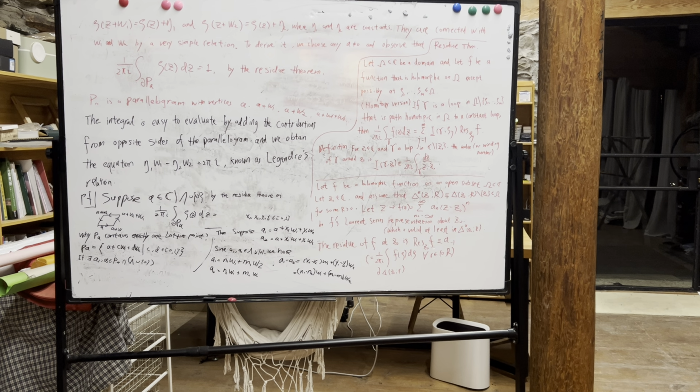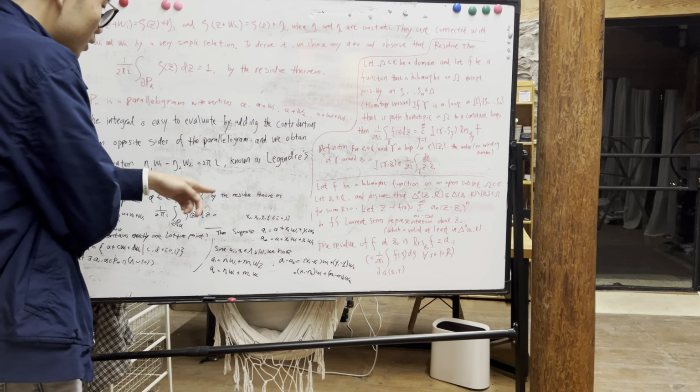Okay, so if you take the difference between these two, this implies that x1 minus x2 minus n1 minus n2 is equal to 0.